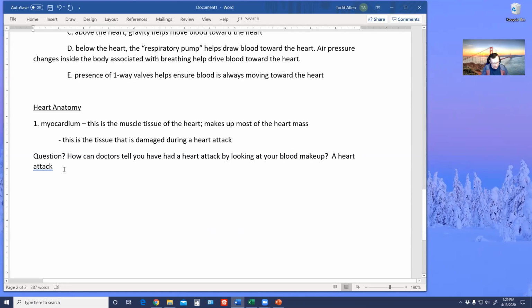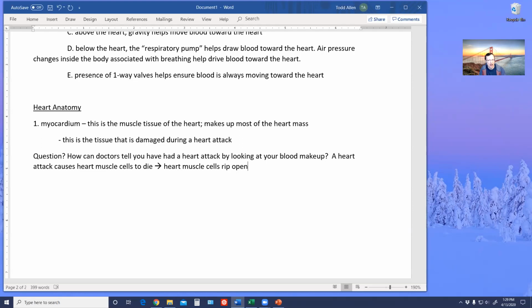A heart attack causes heart muscle cells to die. And what that means is when the heart muscle cells die, they rip apart, they rip open. And all the molecules that should only ever be found inside the heart muscle are thrown out into the bloodstream. That's the first answer to the question.